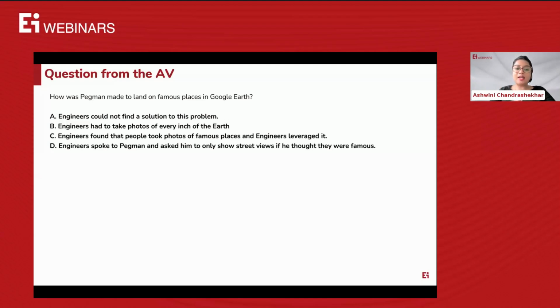So for Pegman to land on famous landmarks, they leveraged the photos taken by tourists or regular people to show that this is a more important or more popular place than just a side alley or a field. So that's the correlation. It is true that they took pictures, but that's not the reason. The reason was they utilized popular pictures, the most taken pictures.